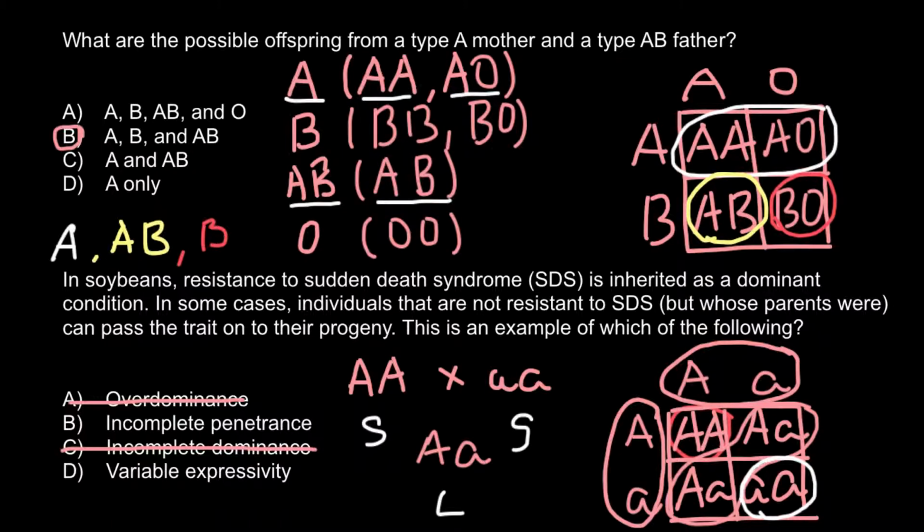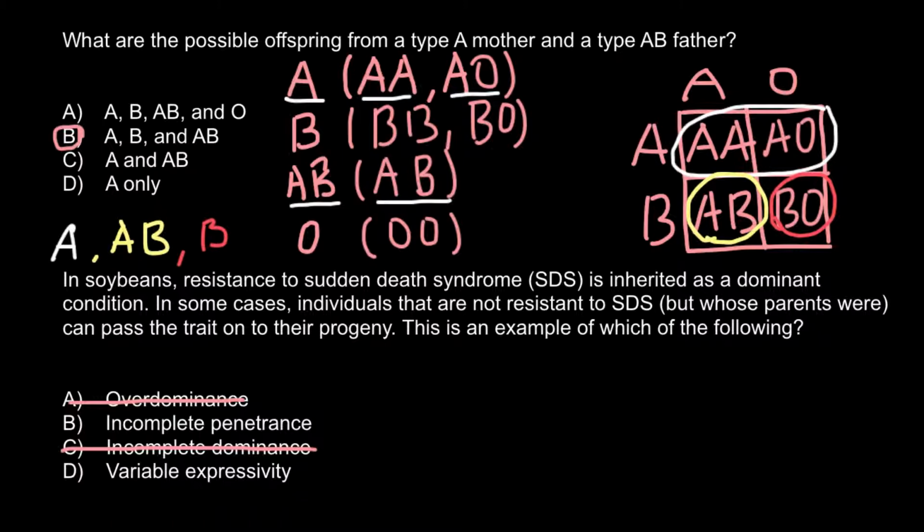So now we have to choose between answer B, incomplete penetrance, and answer D, variable expressivity. What is variable expressivity? Imagine that we have 10 people, so 1, 2, 3, 4, 5, 6, 7, 8, 9, and 10.